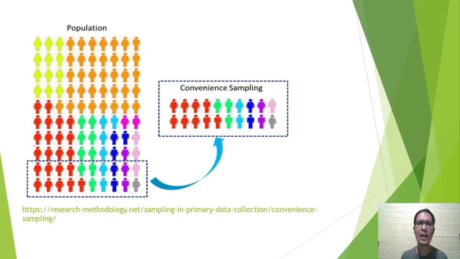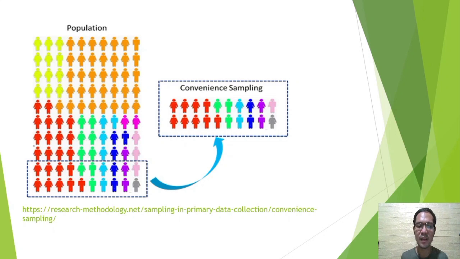Relying on available subjects, such as stopping people on a street corner as they pass by, is one method of sampling, although it is extremely risky and comes with many cautions.